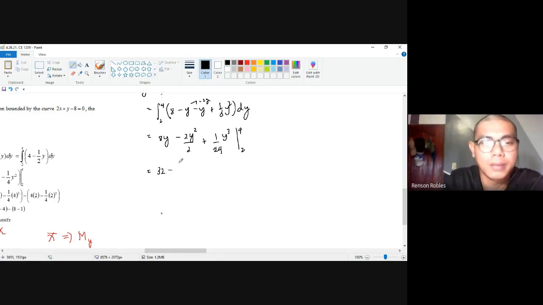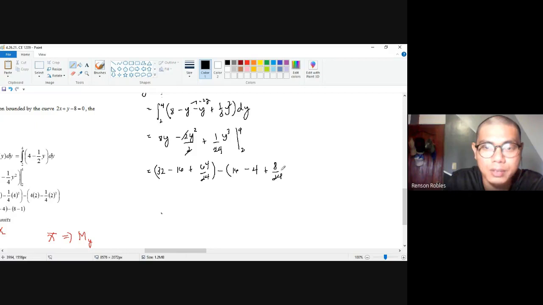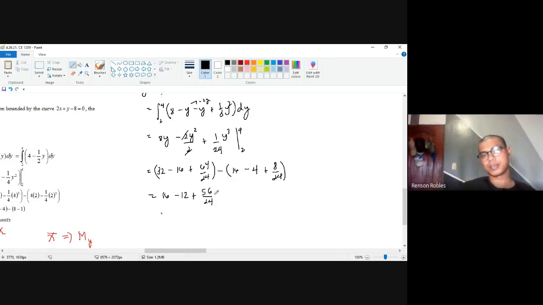Minus y squared, 16. Plus 4 cubed, it's 64 over 24. Then minus, and then we do it in 2, 16 minus 4 plus 8 over 24. So you have 32 minus 16 is 16. 16 minus 4, it's 12. So minus 12 plus 64 minus 8 is 56 over 24. Am I right?